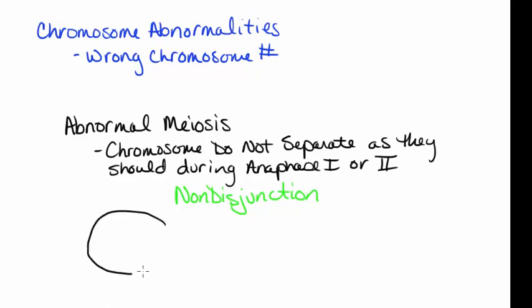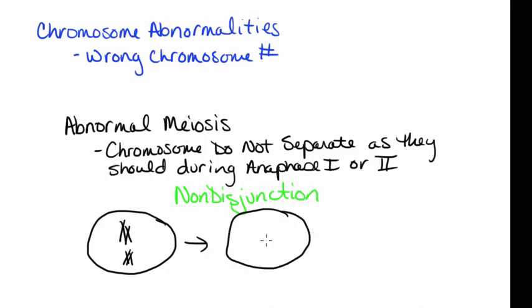So if we're talking about during anaphase 1, just to draw that, recall that during anaphase 1, this is my anaphase 1, we have tetrads that are pulling apart from each other. So if that was my metaphase, during anaphase 1, you might get where this one separated just fine, the tetrad that was on the top, but maybe the one on the bottom, the whole tetrad started to move towards one side of the cell.